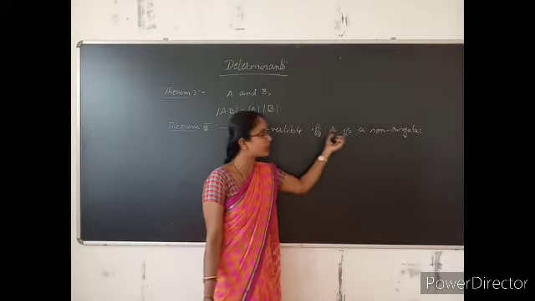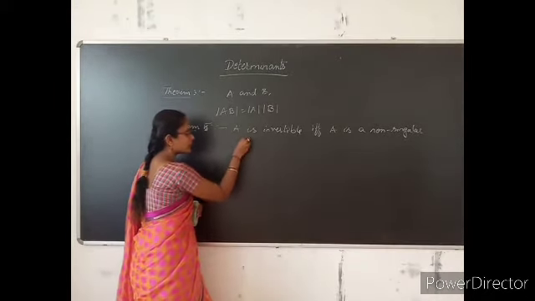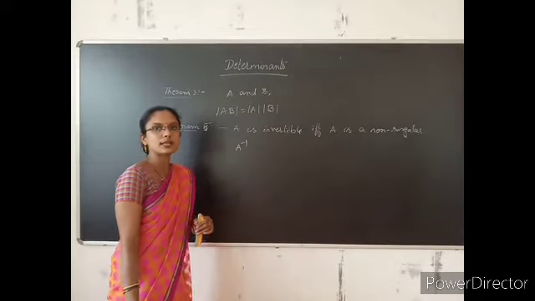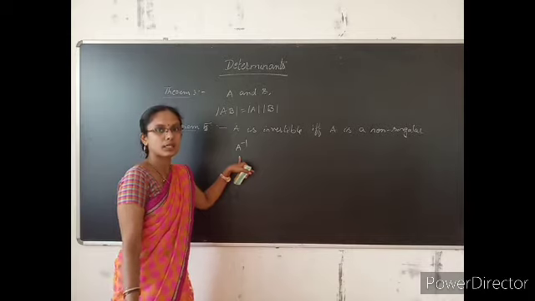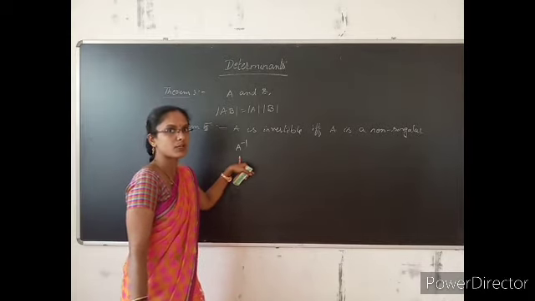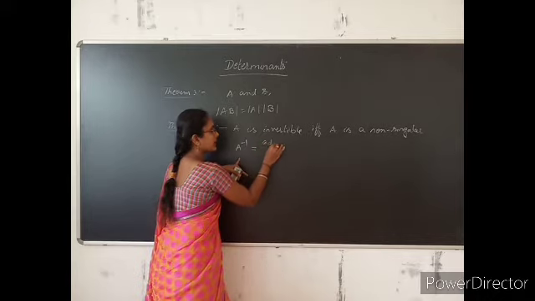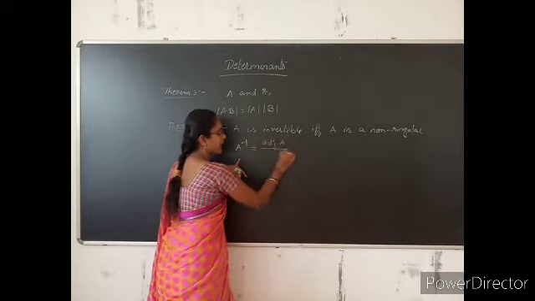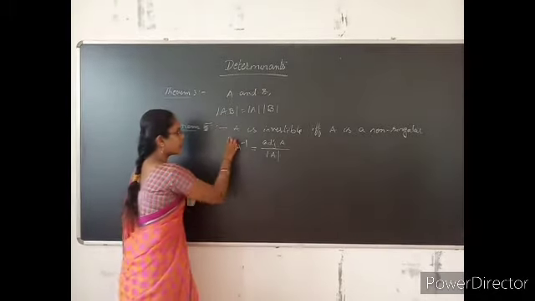From this we can define the formula for finding the inverse of a matrix. We denote A inverse as the inverse for a given square matrix. So A inverse is nothing but adjoint A divided by determinant A. This is the formula.